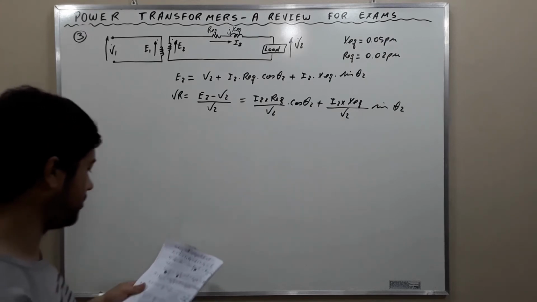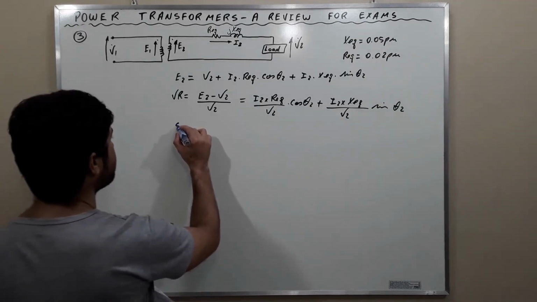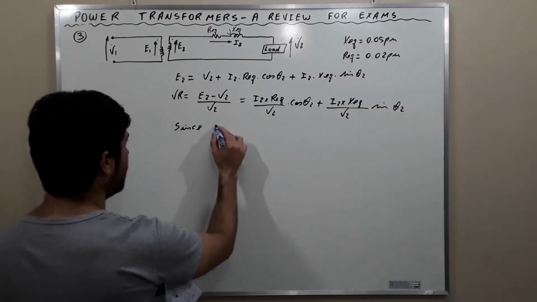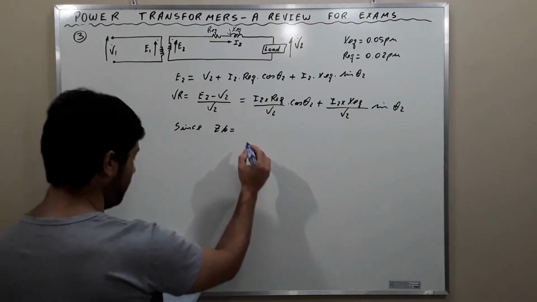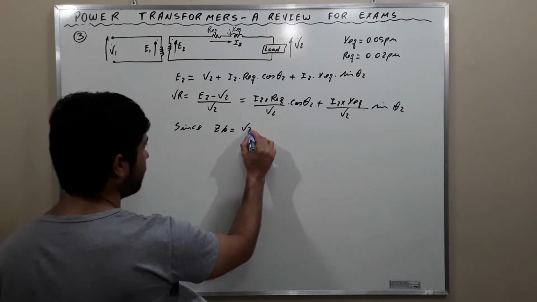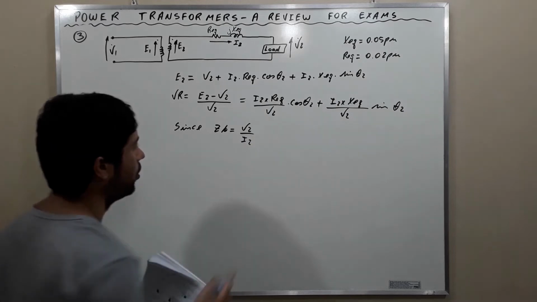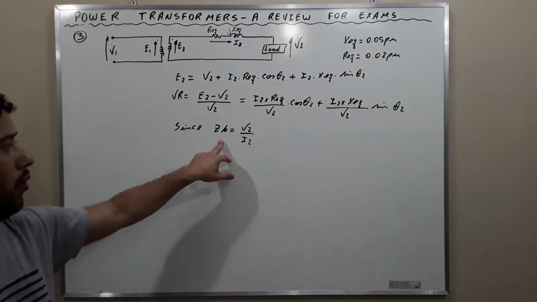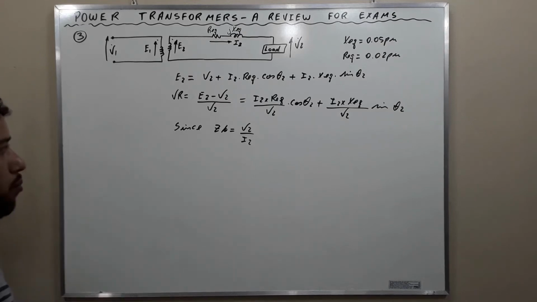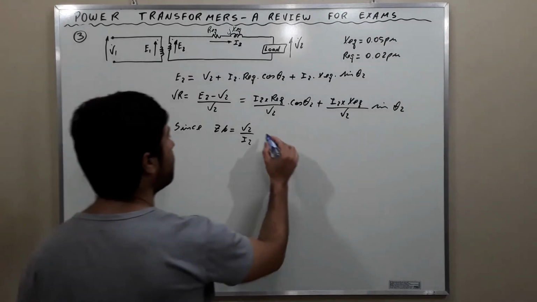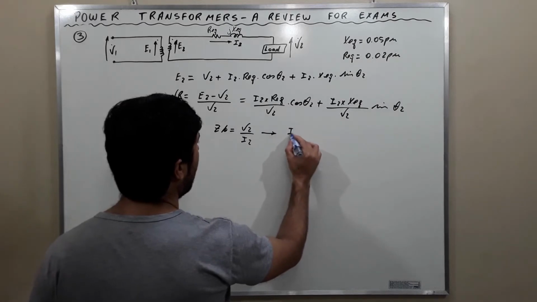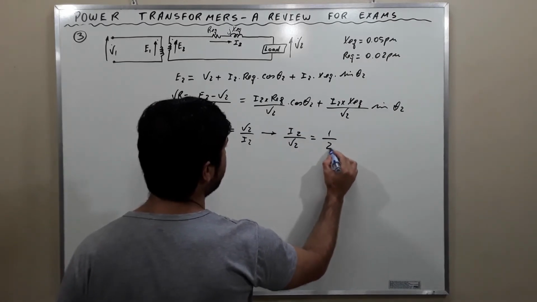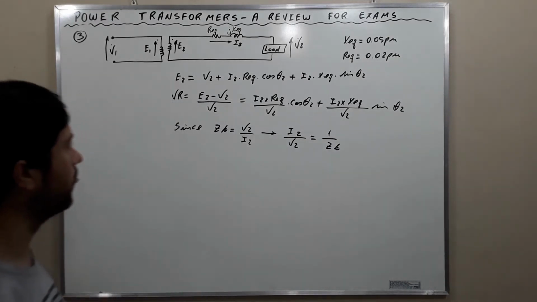Observe that since ZB is equal to V2 over I2, which is the base impedance, okay? We are going to use this as the base impedance, then I2 divided by V2 is equal to 1 over ZB. Alright?